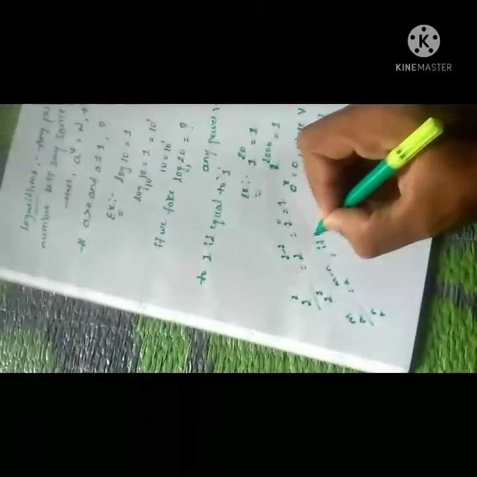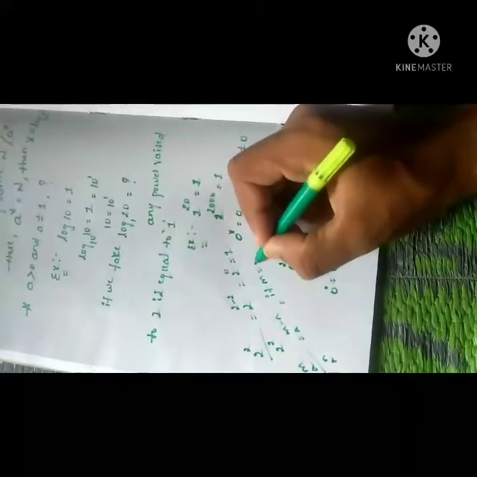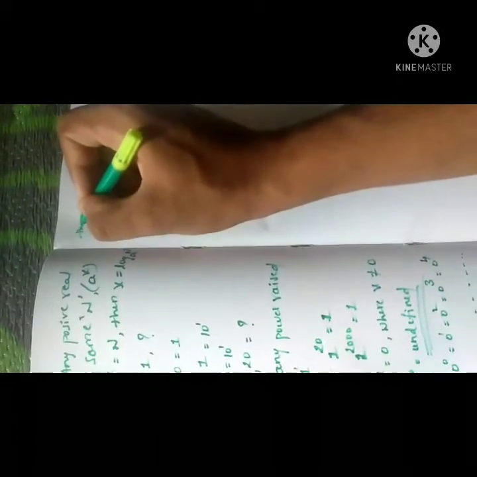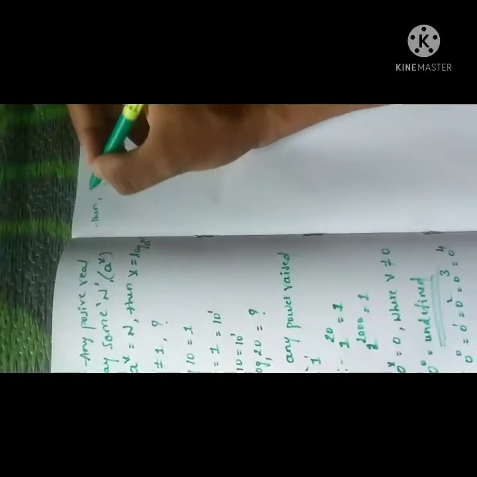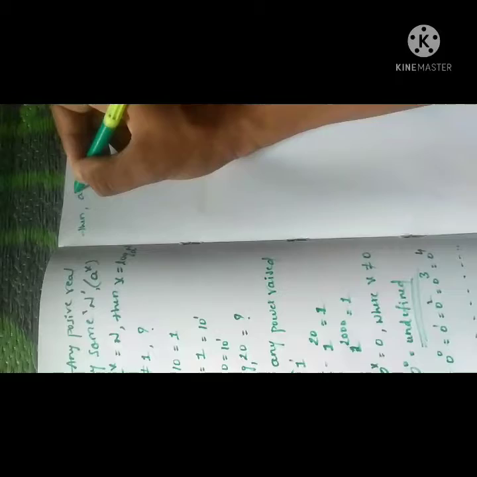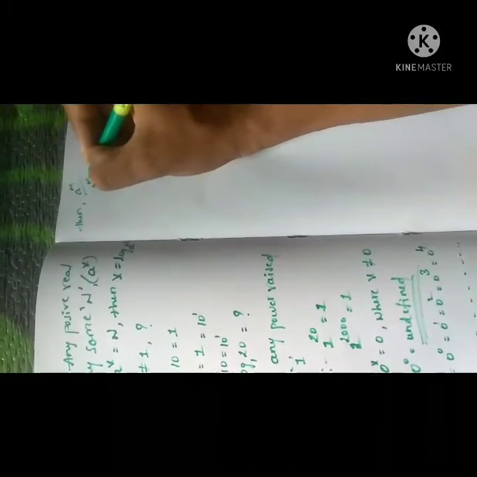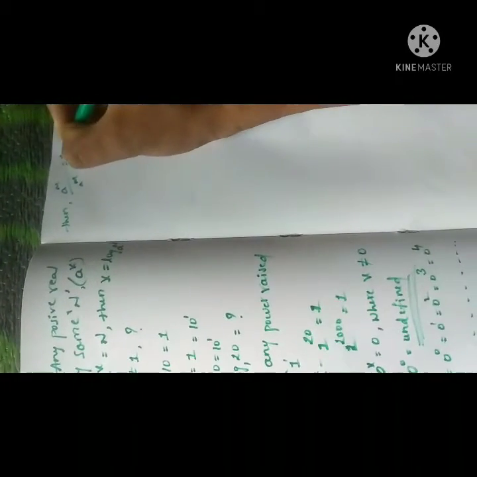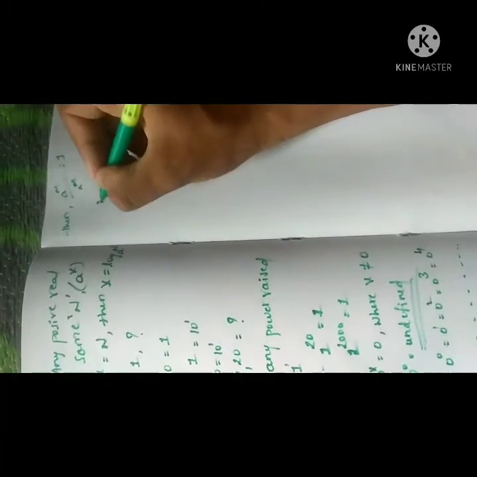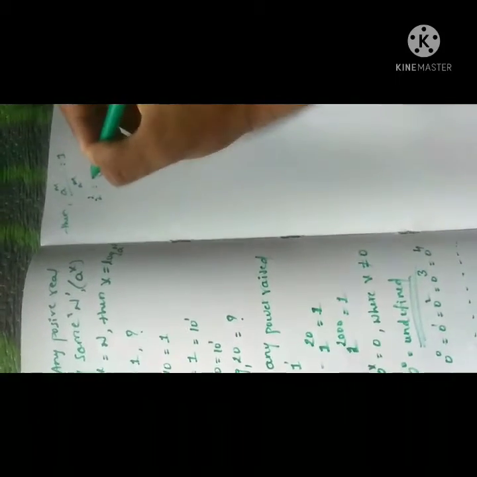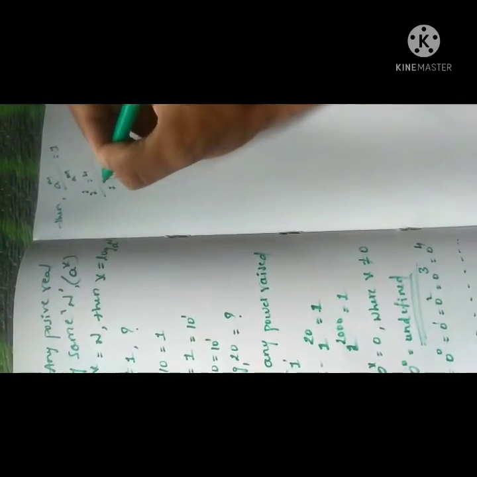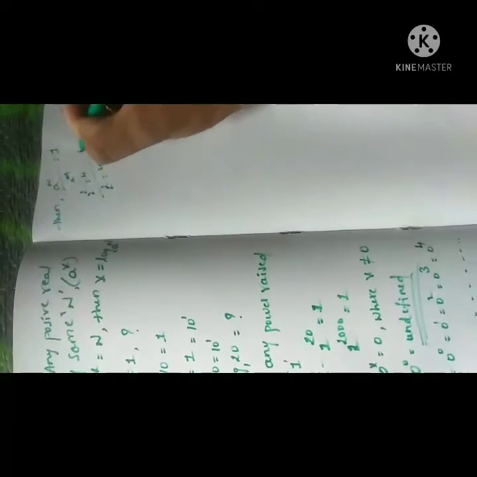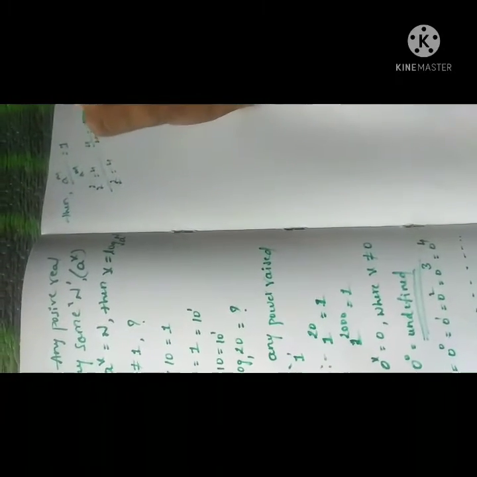If m equals n, then a power m by a power n equals 1. 2 square equals 4, and 4 by 4 equals 1.